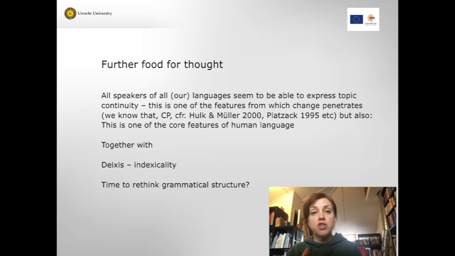And in general, topicality and indexicality behave rather differently than the rest, in the sense that topicality needs to be expressed, indexicality too. Topicality is a place from which change penetrates, indexicality isn't, but they both seem to be core cognitive functions. Thank you very much.